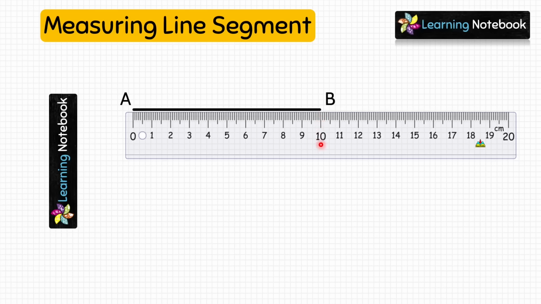It means length of the line segment AB is 10 centimeter. So this is how we measure length of a line segment.